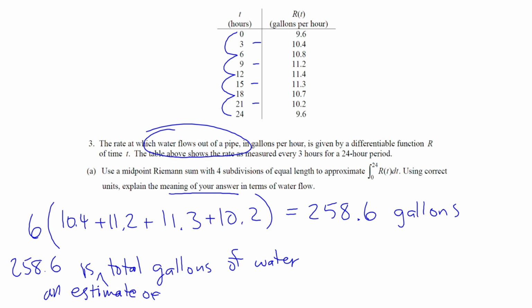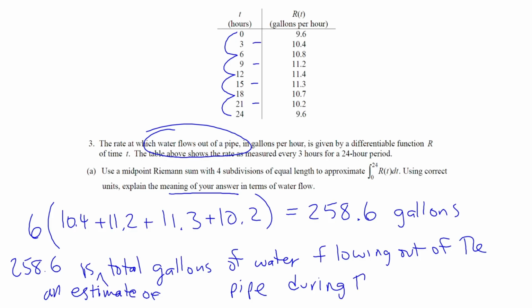It's an estimate of the total gallons of water that flow out of the pipe during the 24-hour period. And they'll give you 3 points here for this: 1 for the appropriate setup of the Riemann sum, 1 for the value, and 1 for your explanation.